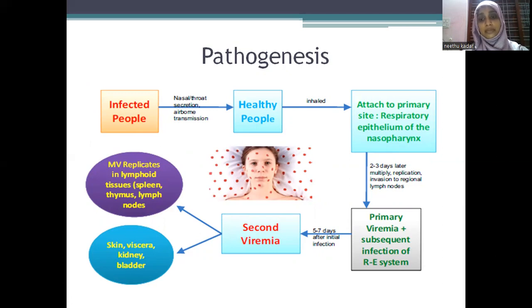From there it disseminates to the blood, causing primary viremia, which leads to subsequent infection of the reticuloendothelial system. Within 5 to 7 days, it causes secondary viremia that attacks the skin, viscera, kidney, and lungs, and the virus replicates within the lymphoid tissue, causing nasal secretion.